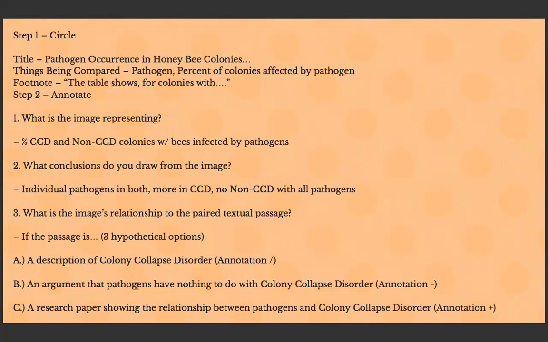B, an argument that pathogens have nothing to do with colony collapse disorder. Well, we know from the table that that's not true, so you're going to put a minus sign there. And C, a research paper showing the relationship between pathogens and colony collapse disorder. This is the most likely of what the graph is representing by way of comparison to the text. So this is where you're going to put a plus sign.